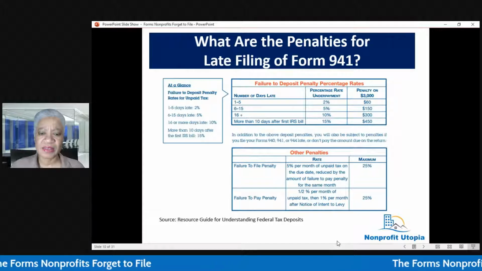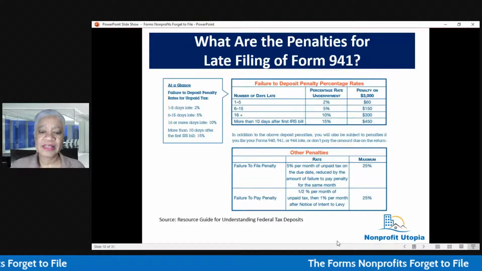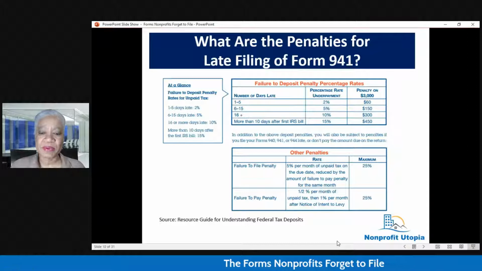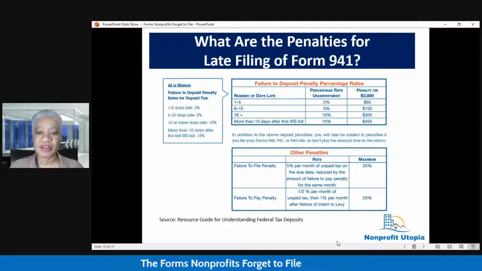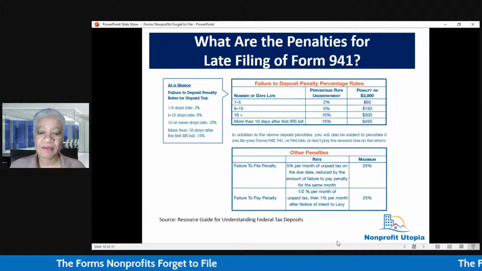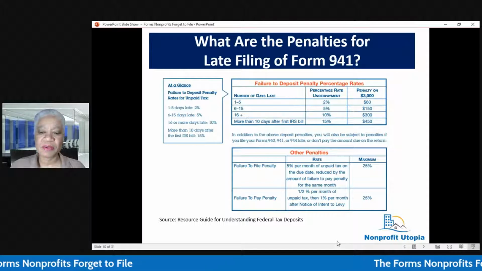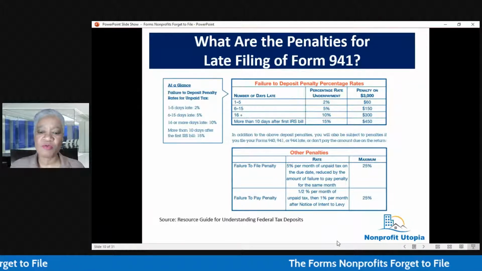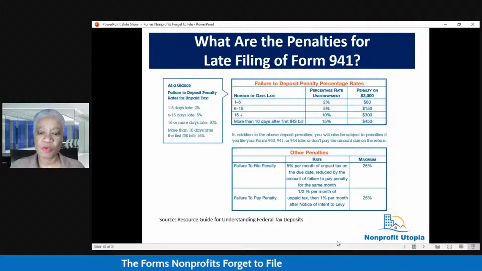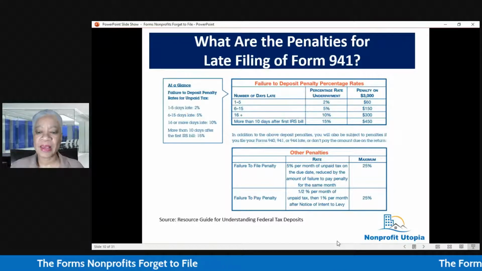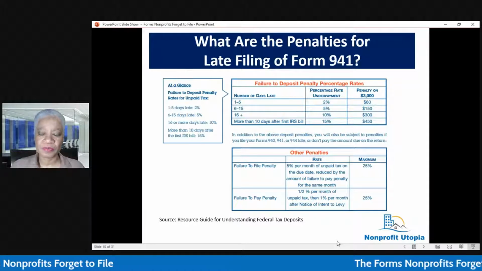All right, so this is just an example. In addition to the above deposit penalty, so again, this is failure to deposit, you are also subject to penalties if you file forms 940, 941, or 944 late, or don't pay the amount due on the return.